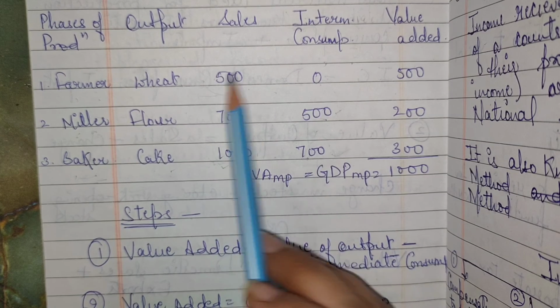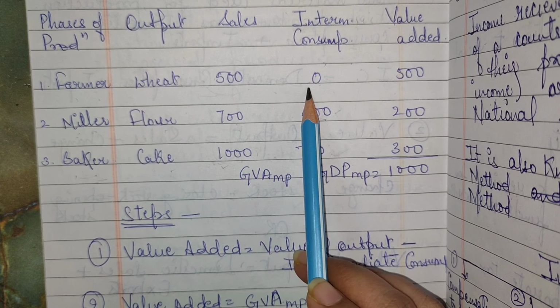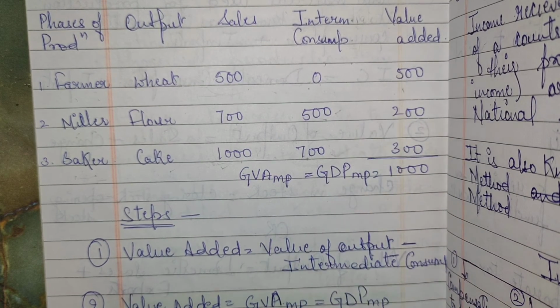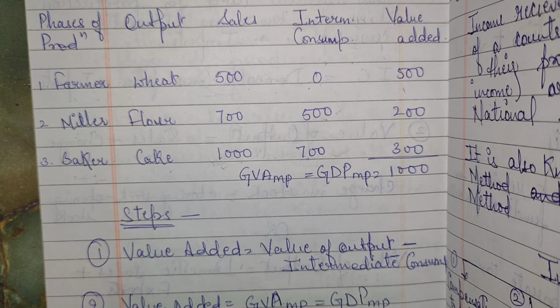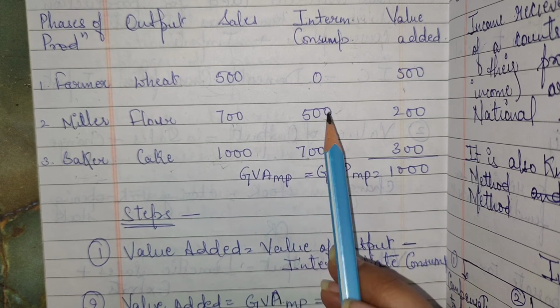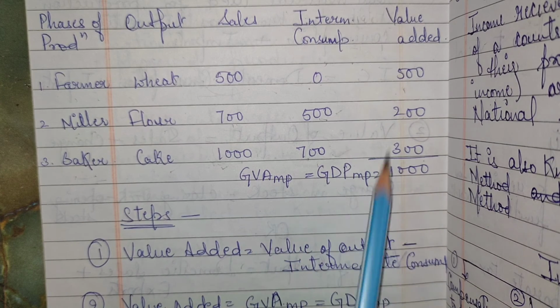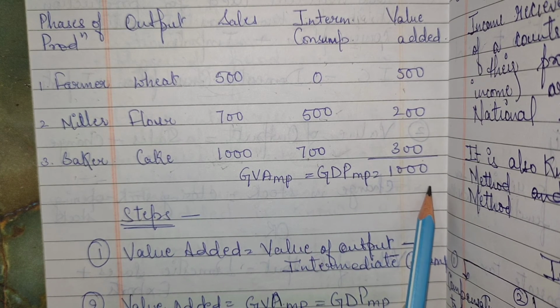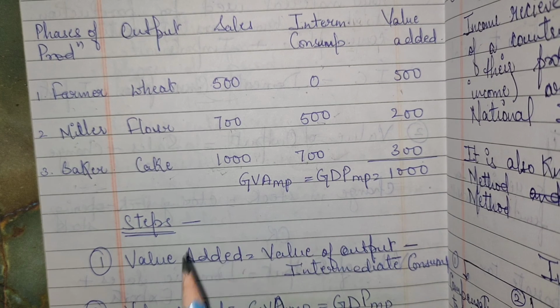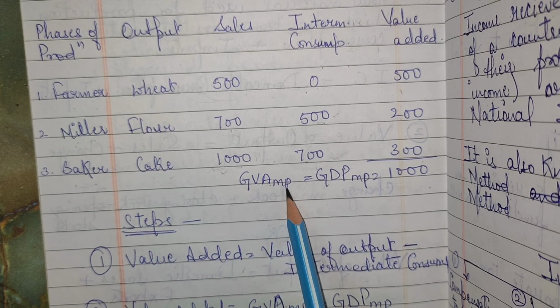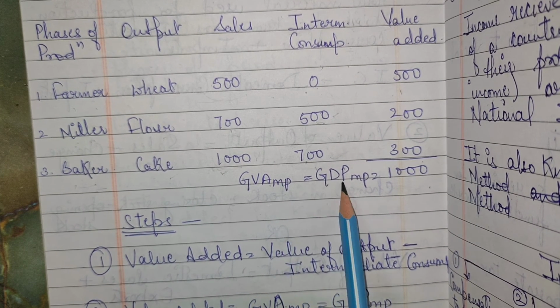So if we subtract, we will get 500 because the value added method formula is sales minus intermediate consumption, right? So 700 minus 500, 200, 1000 minus 700 will give you 300, and in total the value will be 1000. So this will be equal to GVA-MP, which is again equal to GDP-MP.